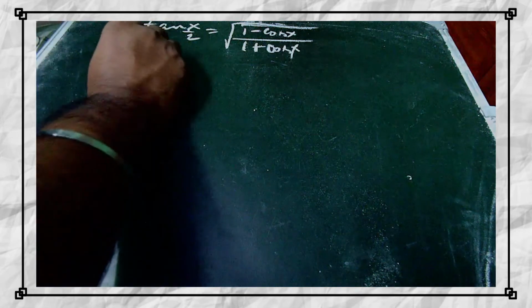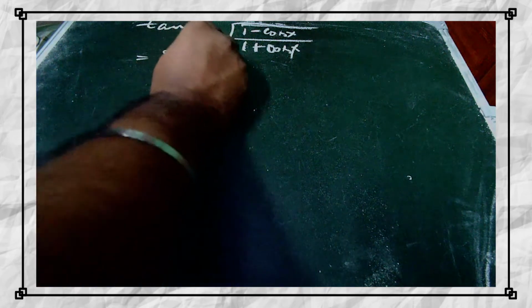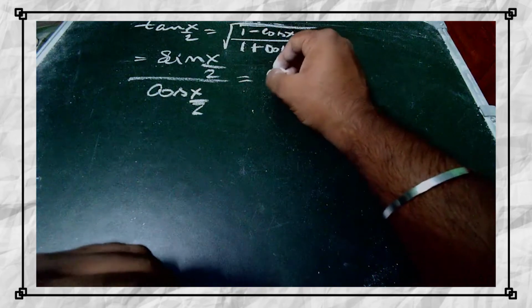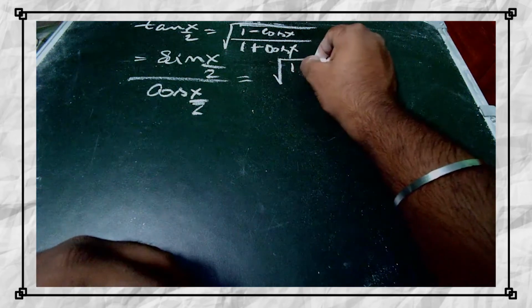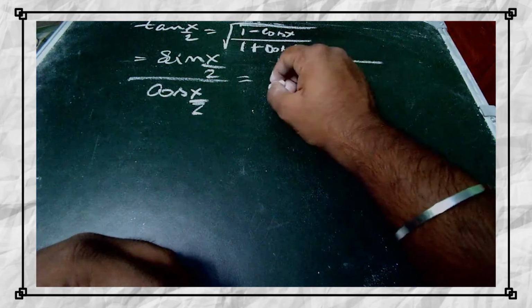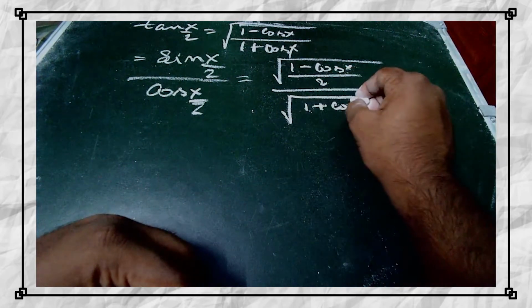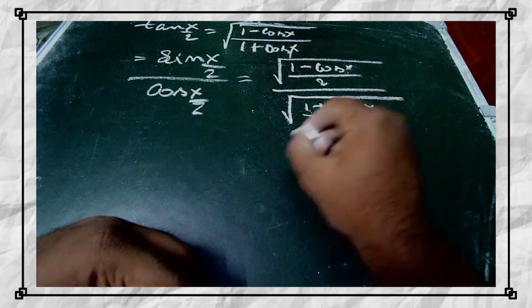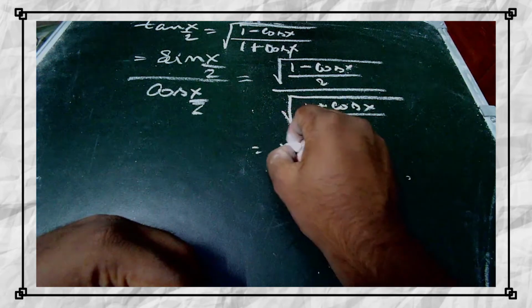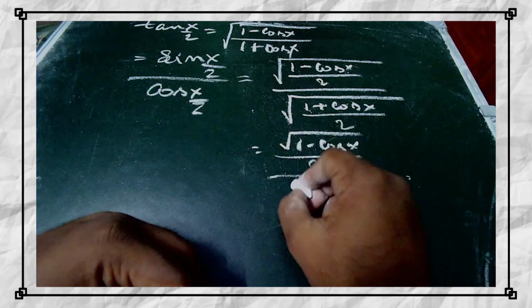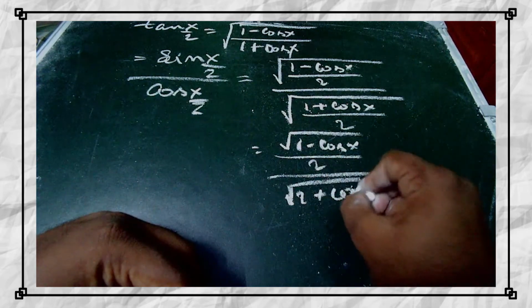So tan of x by 2 we can write as sine of x by 2 by cos of x by 2. The value of sine of x by 2 was root under (1 minus cos x) by 2, and the value of cos of x by 2 was root under (1 plus cos x) whole divided by 2. So we'll get root under (1 minus cos x) by 2 divided by root under (1 plus cos x) by 2.